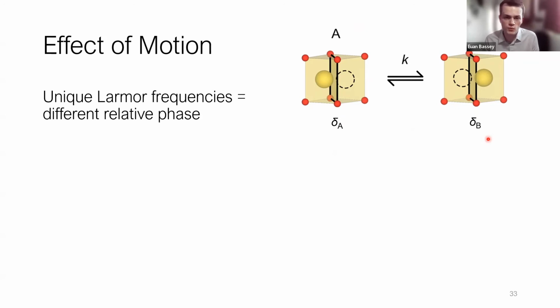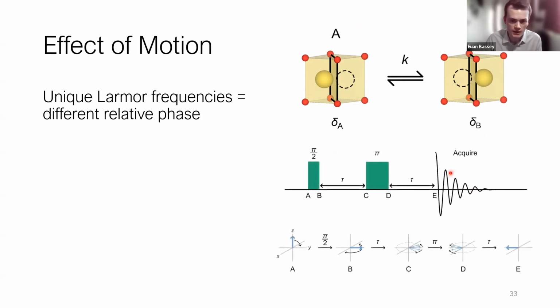So when you do your Hahn-Echo experiment, which is the pulse sequence shown down here, you can imagine that A and B will have two different angles on these little arrows in C here. So there will be two different arrows for A and B. Now, if you have no hopping, then they all just get refocused at D, and then at E you can just acquire, and it's happy days.